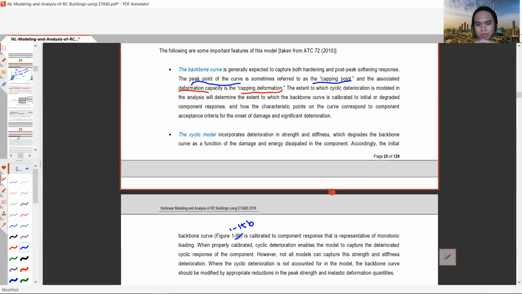Okay. Sabi niya, yung cyclic deterioration in the model enables to capture the deteriorated cyclic response of the component. So yung cyclic deterioration, it will enable us to capture the deteriorated cyclic response of the component.